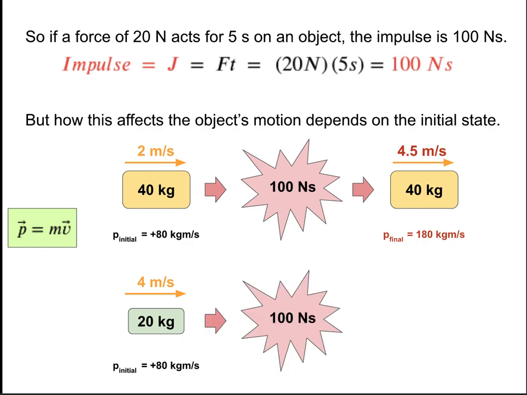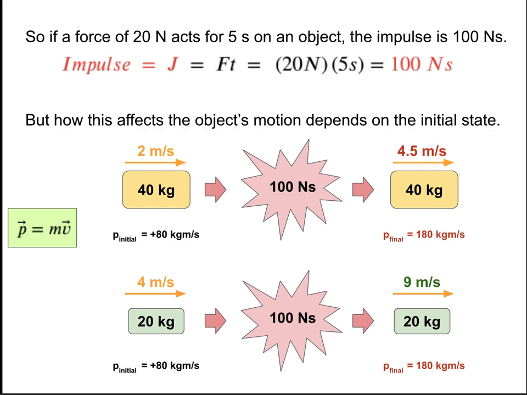And so if we apply that impulse of 100, we're still going to end up with 180 units of momentum, 180 kilogram meters per second. But now it's a 20 kilogram object that has that momentum. So if I wanted to figure out how fast it was going, I would take 180 divided by 20 and see that it's going at 9 meters per second.